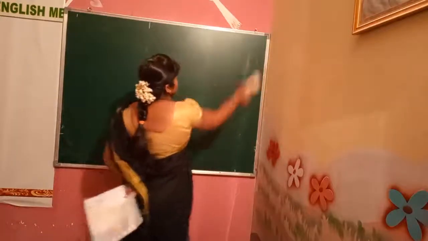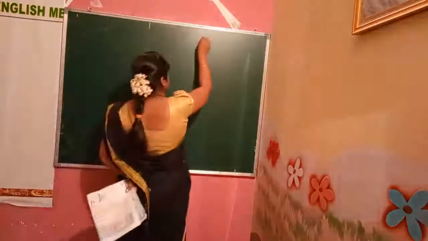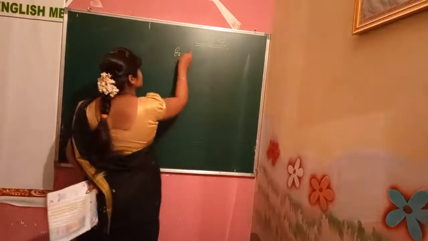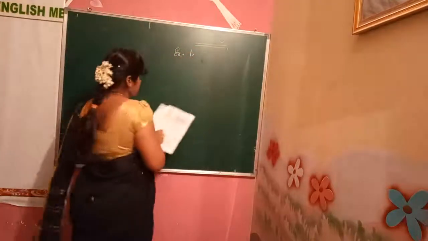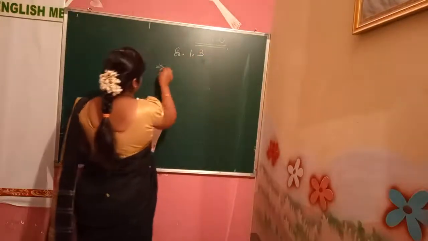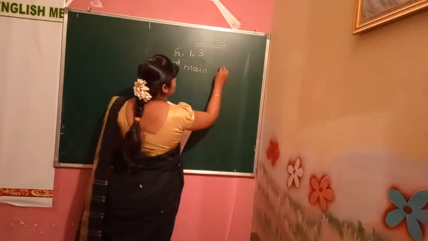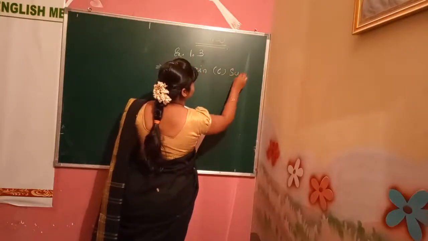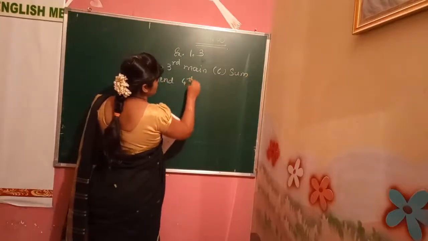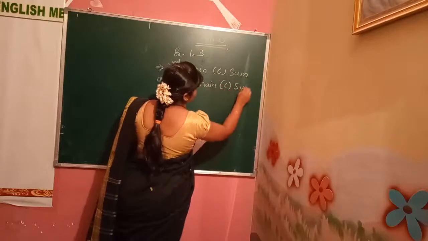Okay. Today's homework is, I will write it clearly here one more time. Exercise number 1.3, third main sum and fourth main sum.